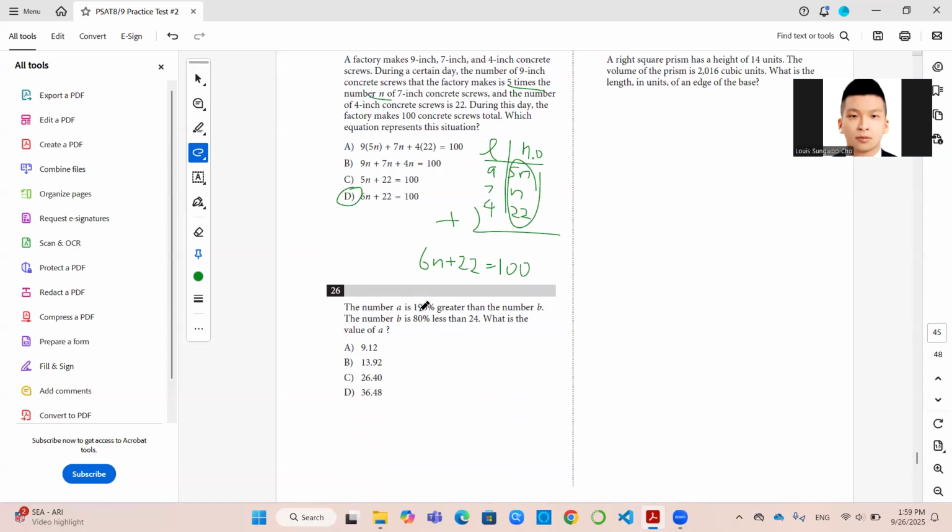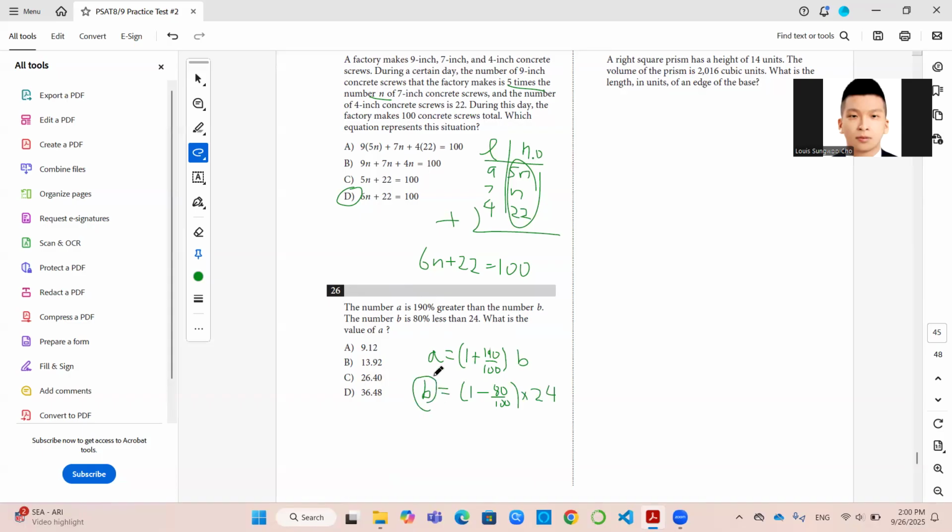The number A is 190% greater than number B. The number B is 80% less than 20. What is the value of A?